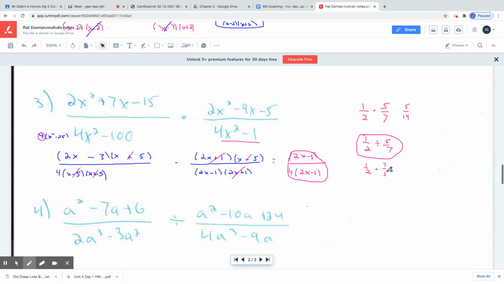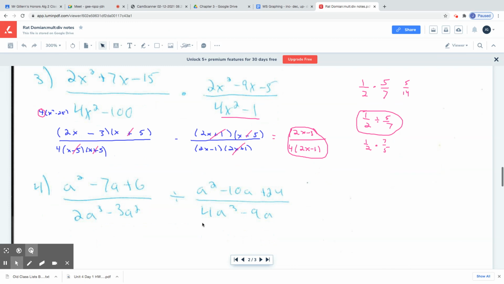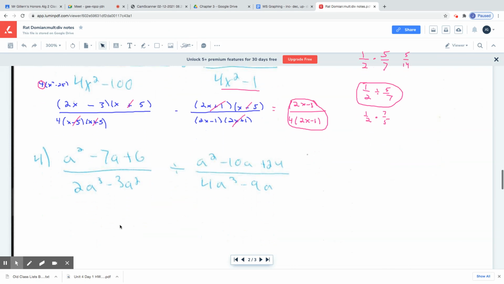Right? So dividing is the same thing as multiplying. You just have to flip the second fraction. That's it. So when we're looking at this problem right here, I'm just going to rewrite. Now, obviously, when you're doing this, you don't have to rewrite it, but I just want to show you. So you keep the first, everything is exactly the same in the first one.